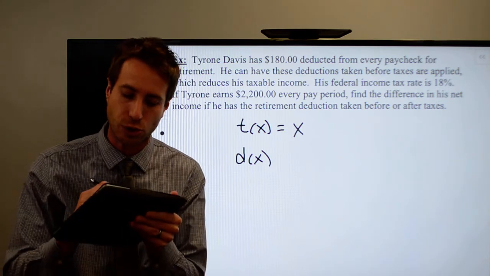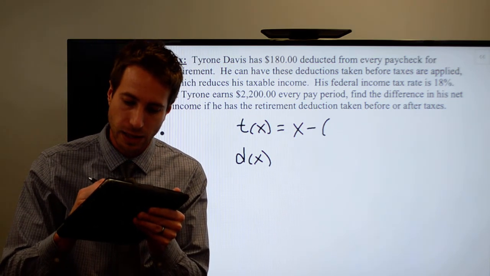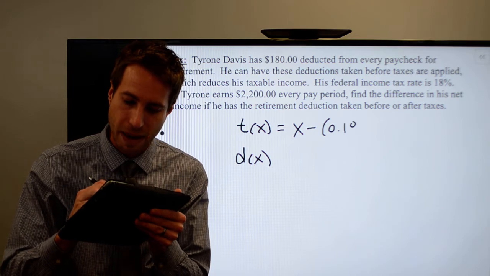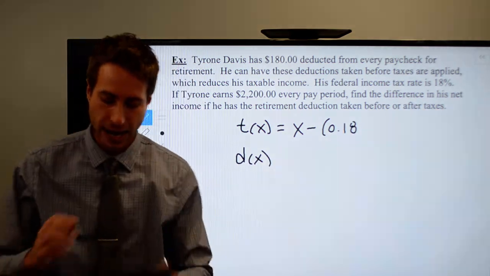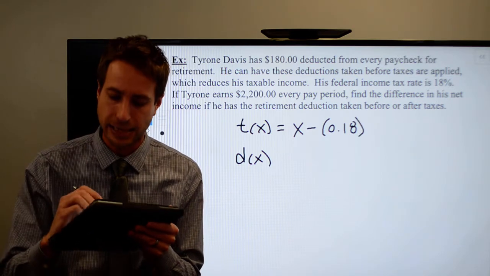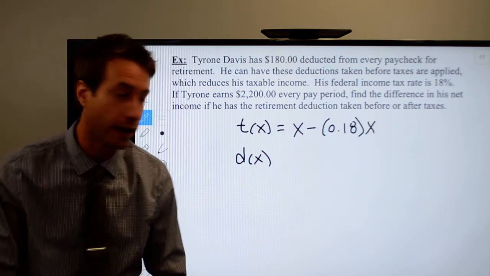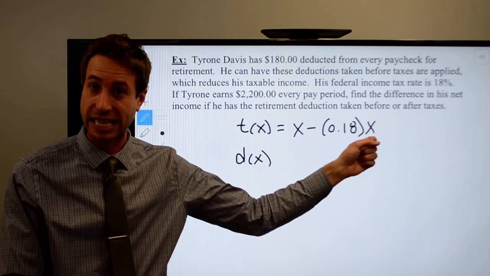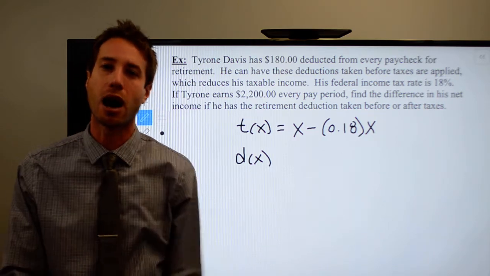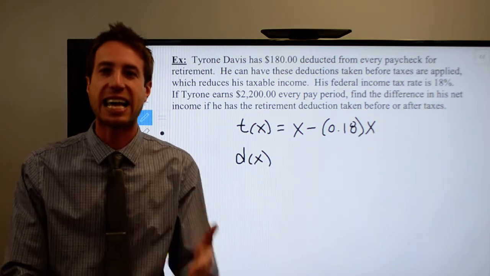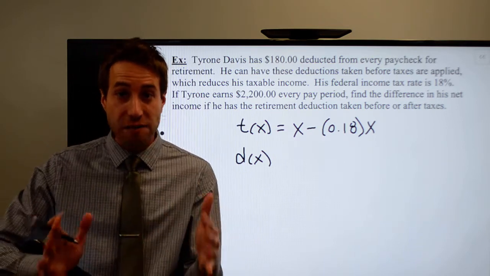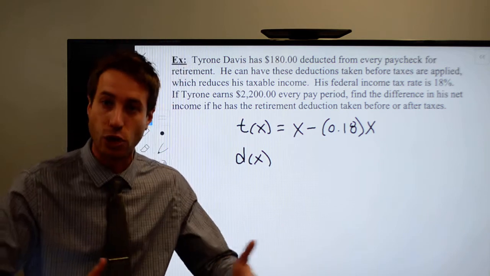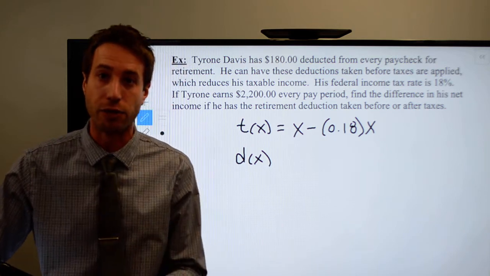So I have to subtract 0.18. Remember, you have to turn a percentage into a decimal, right? And we're going to tax him 18% on the gross amount that he made. All right, so if you make $100 and you get taxed 18%, that means that of that $100, the government is going to take 18 of those dollars.